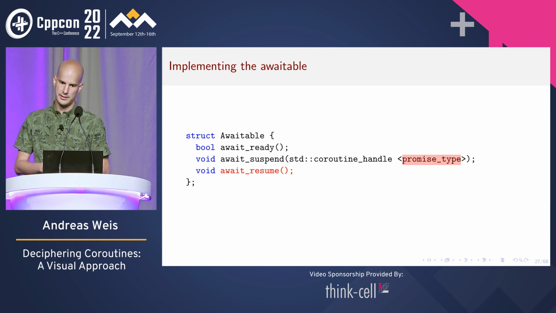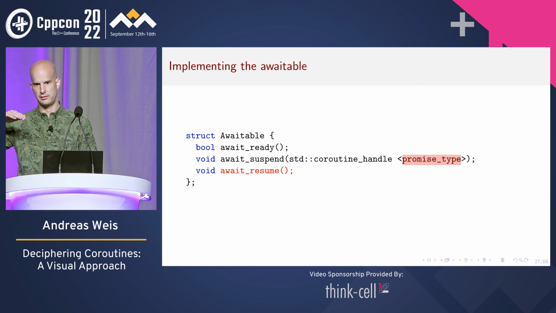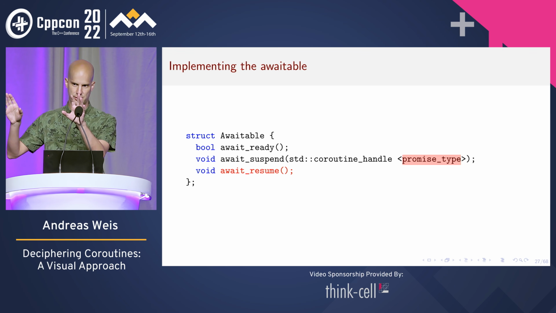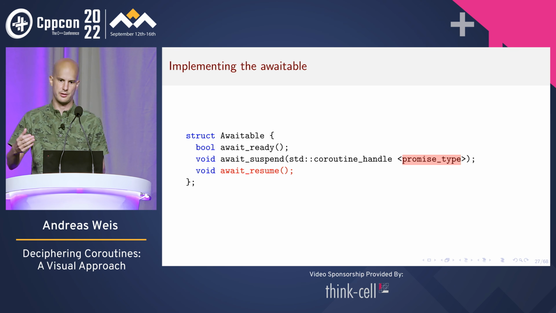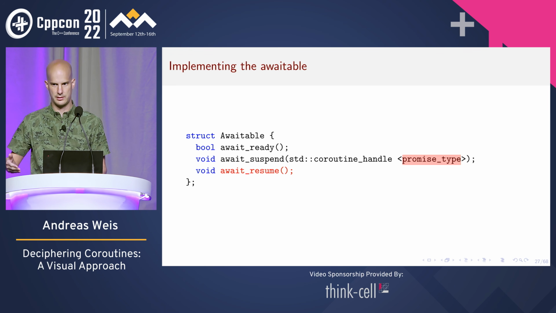The last function here is await resume, and like await suspend is the one that gets called before the coroutine goes to sleep, await resume similarly is a function that gets executed right before the coroutine wakes up again. So imagine the coroutine was put to sleep, the caller did some other stuff, now eventually they decide to resume the coroutine, and then await resume will get called, and only after that will the execution of the function body continue.